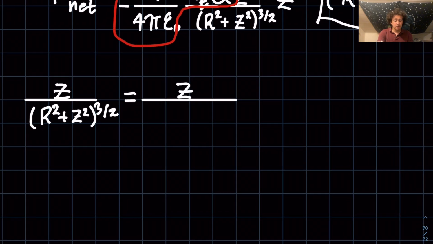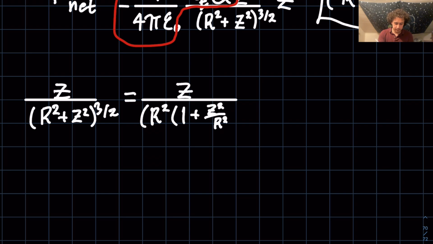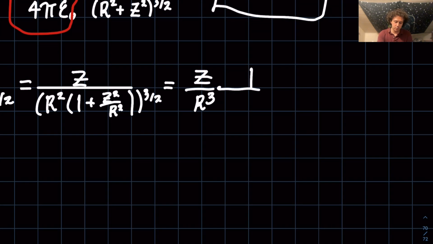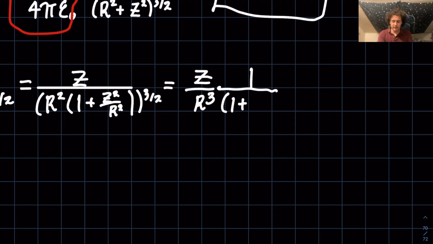So let's factor out this r squared, r squared times 1 plus z squared over r squared, and that's all to the 3 halves. Bringing down that 3 halves onto each of these terms gives us the z over r cubed term times this 1 over 1 plus z squared over r squared to the 3 halves.